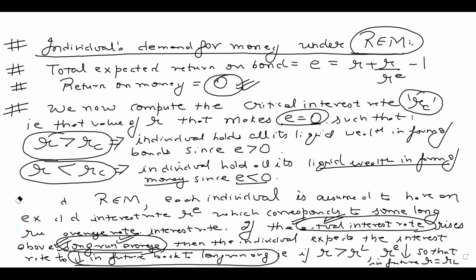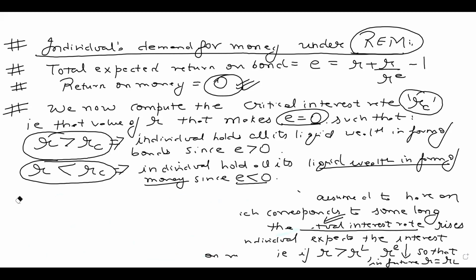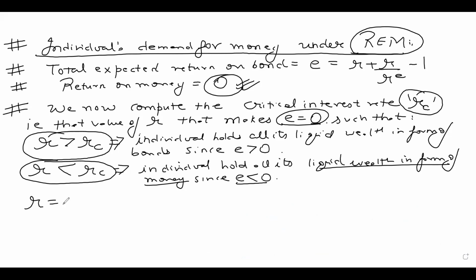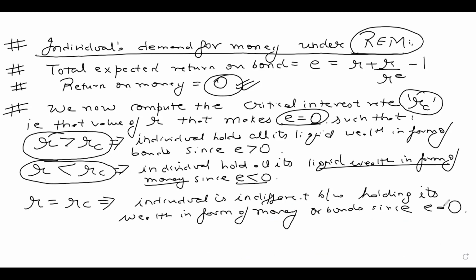And I can then say that when R is exactly equal to RC, I'm erasing this part, it implies the individual is indifferent between holding its wealth in the form of money or bonds, since when R is equal to RC, E is equal to 0.